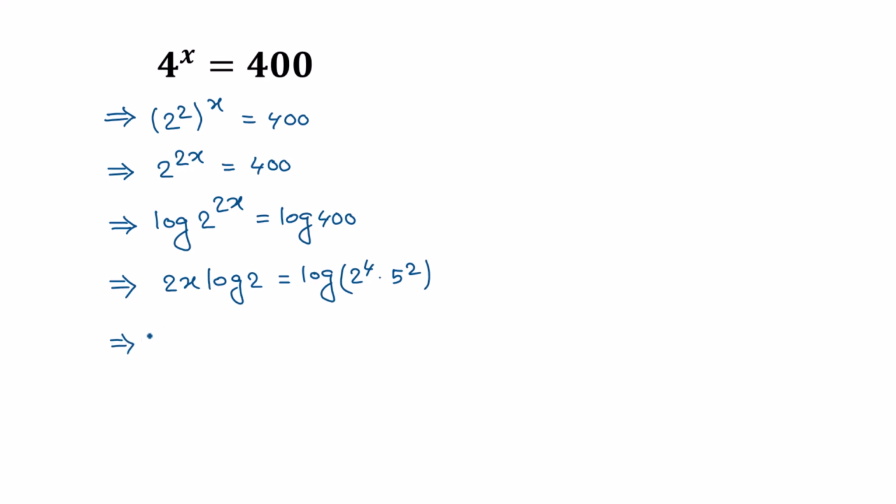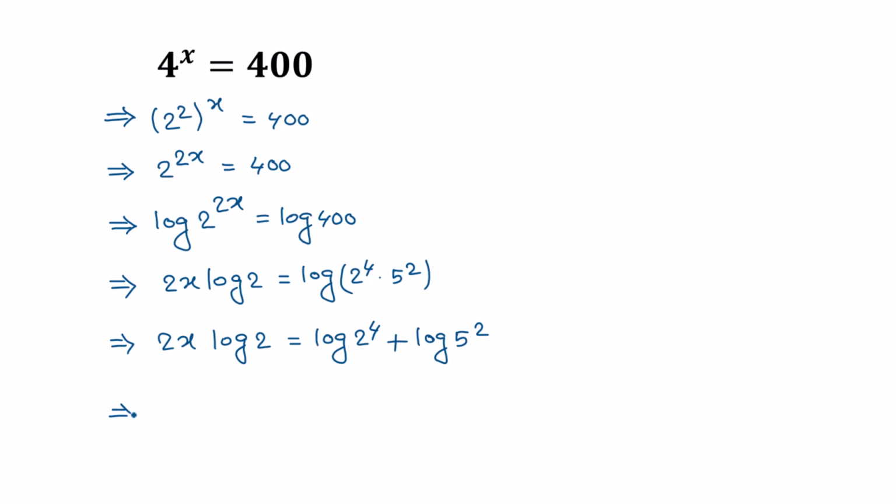Now the left side is twice x times log of 2, equal to, applying the formula log of a times b is equal to log a plus log b, log of 2 to the power 4 plus log of 5 squared.